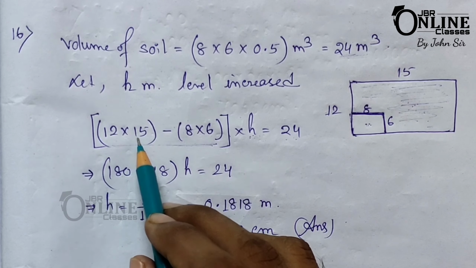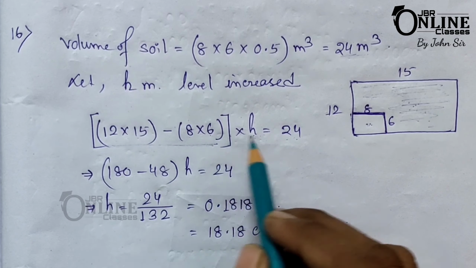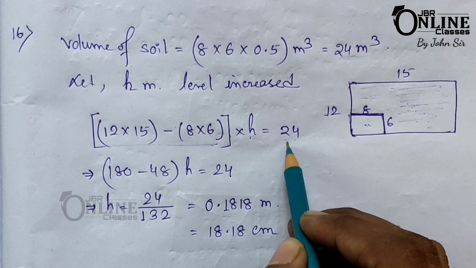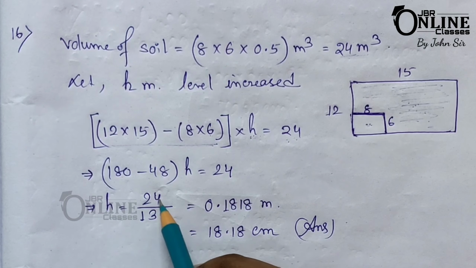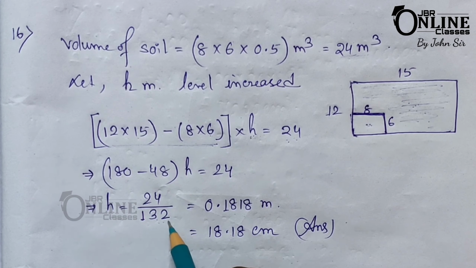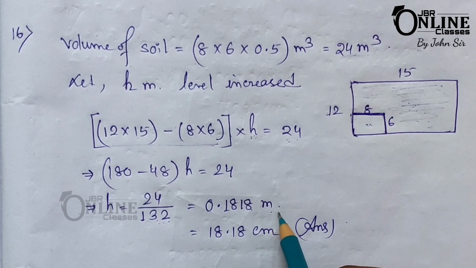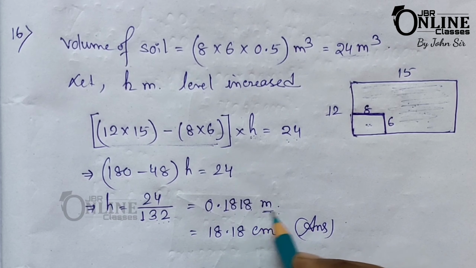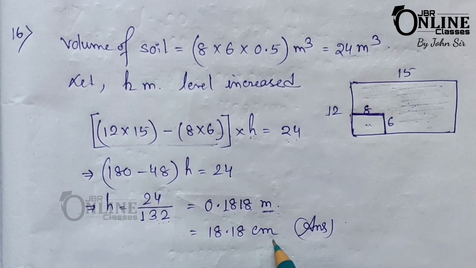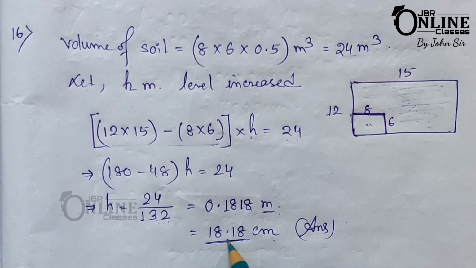So 12 into 15 minus 8 into 6, into h, equals 24. So h equals 24 by 132, that equals 0.1818 meter approximately. Converting into centimeter, it becomes 18.18 centimeter.